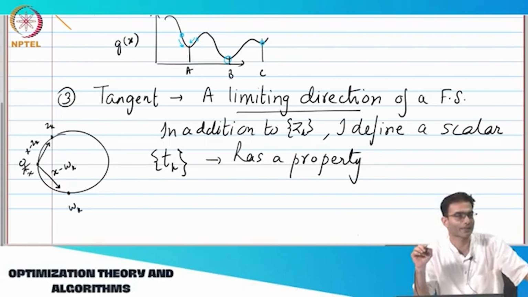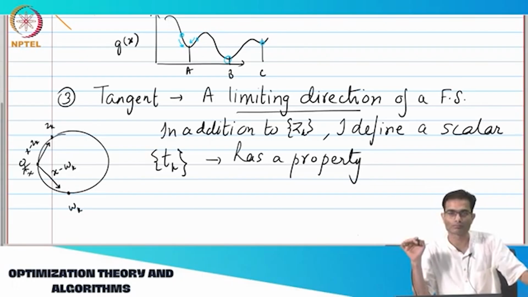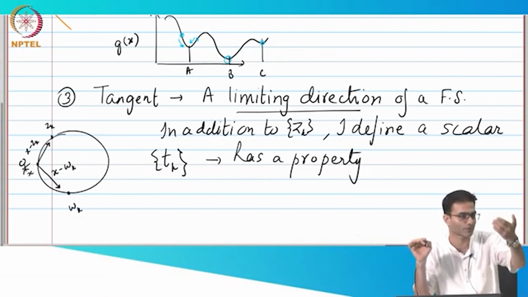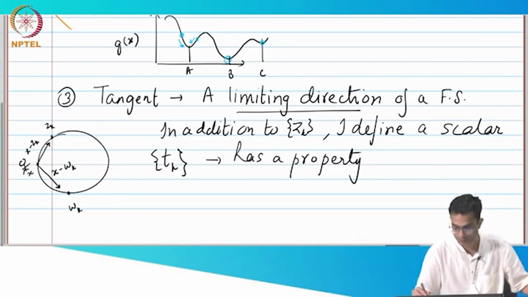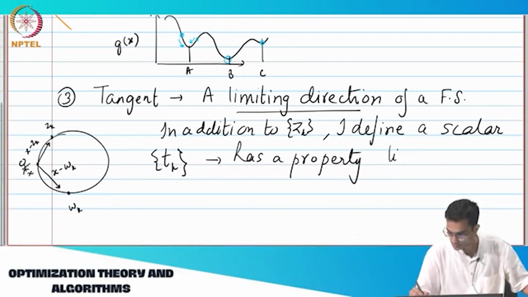As k tends to very large numbers, what should tk tend towards? 0, right? So it should go to zero at the same rate at which x minus zk is shrinking, right? I'll just come to that. So tk, let's write that over here.